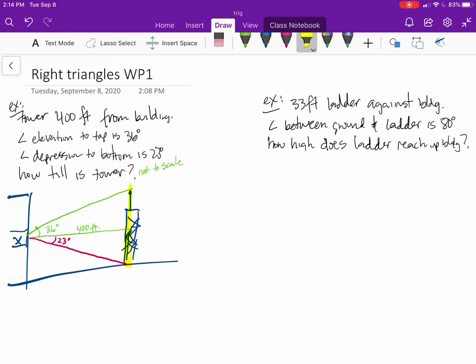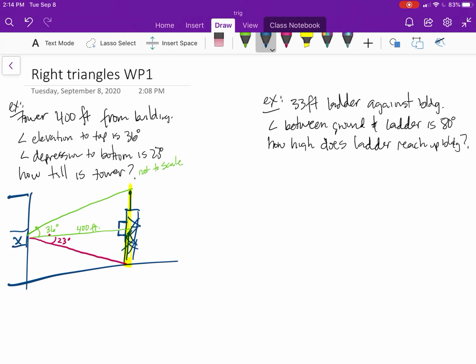So, I don't have a 90 on the left over here because, right, 36 and 23 is 59 degrees. So we don't have a right triangle there, but we do have two right triangles because since we drew this with the horizon, directly across, it's perpendicular.